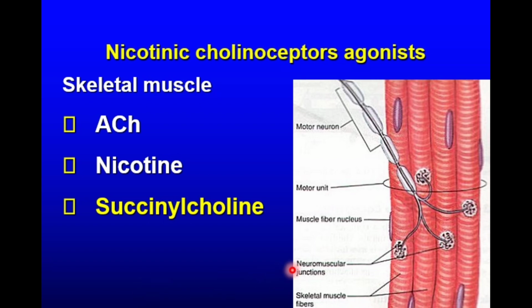These agonists activate nicotinic cholinoceptors at the neuromuscular junction and evoke cell depolarization. Acetylcholine and nicotine have no clinical application. Succinylcholine is used as a muscle relaxant, and I am going to explain how.